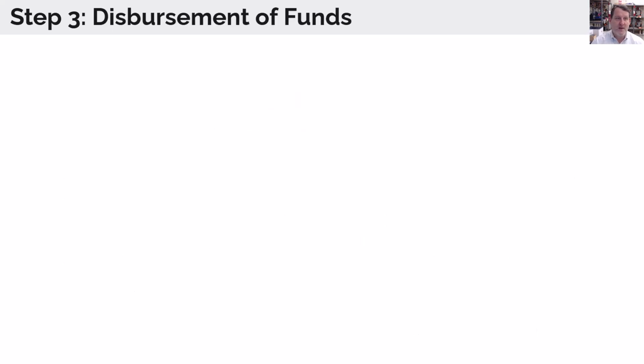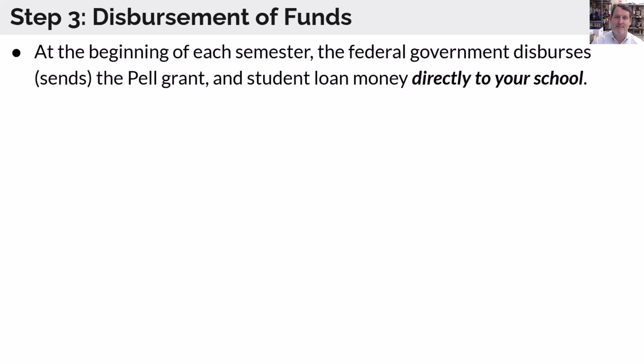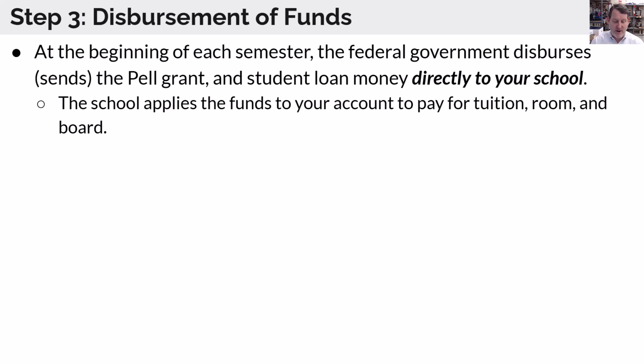All right. So now, step 3: you've applied, you've gotten your award letter, you've decided which school you're going to. It's fall, and you're getting ready to head to school for the first time. The money from all of the student loans and grants and financial aid doesn't go to you. It goes directly to the financial aid office at your school. They use that money to pay down your tuition, room and board, and all the fees at school.